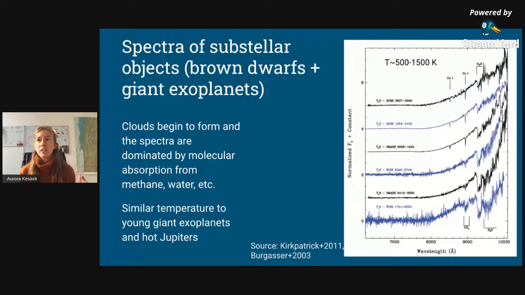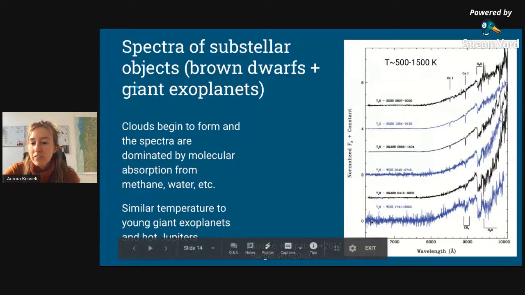So you can get some really interesting cloud species like magnesium silicate clouds and iron clouds, things that are way too cool on Earth to form. But on these planets and brown dwarfs, which can be up to about 1500 Kelvin, you have some really cool chemistry going on. And the spectra of these brown dwarfs and giant planets are dominated by absorption from methane and water.